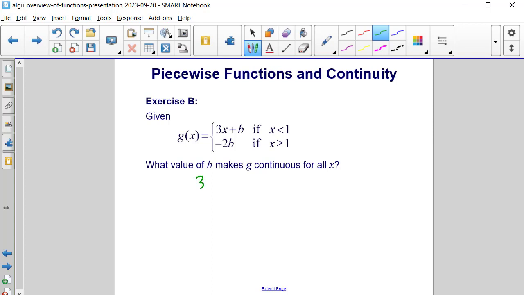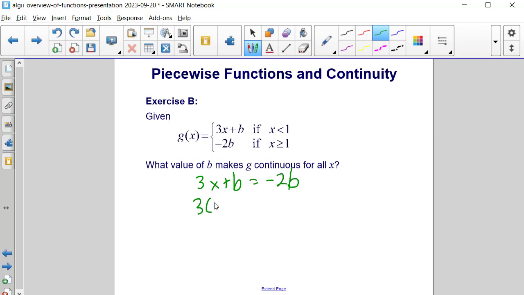So that will be 3x plus b is equal to -2b. And we set them equal because where their outputs are the same, for the x value of 1, will make it a continuous function. And this x value of 1 is what we are going to substitute in for x.